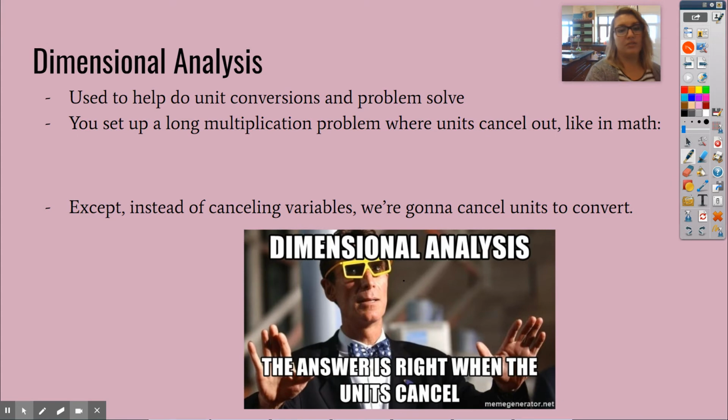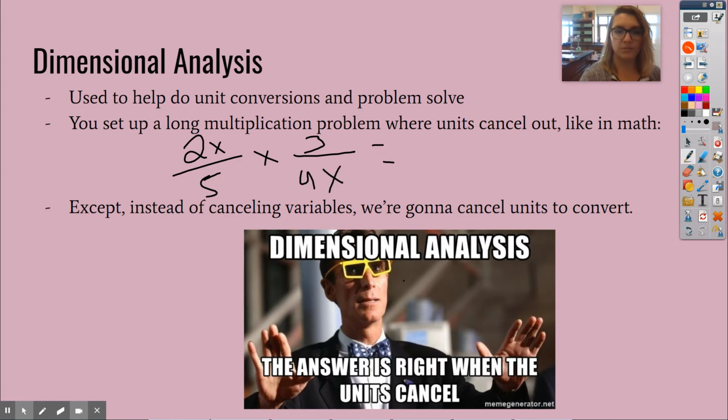So for example, if you had 2x over 5 times 3 over 4x, you know that when you do this, the x's are going to cancel and you're going to get 6 over 20. All right, so you've already done the whole canceling thing before where you cancel out variables. It's the same thing, but with units.